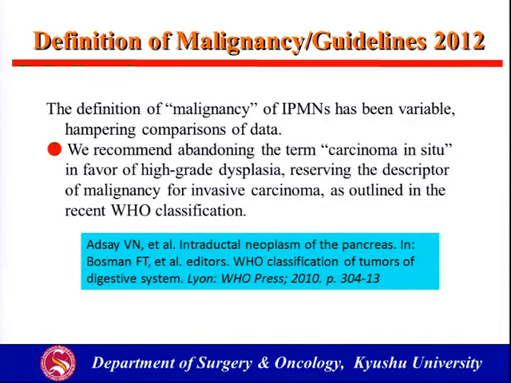So in my opinion, carcinoma in situ does exist, and this should be included in the malignant category. However, as a consensus guideline, especially international consensus guideline, we had to adopt this definition that you see in this slide.